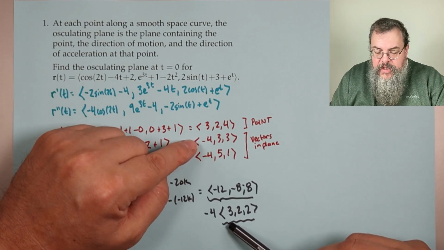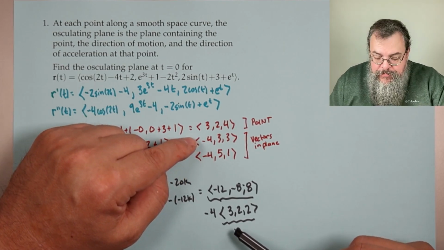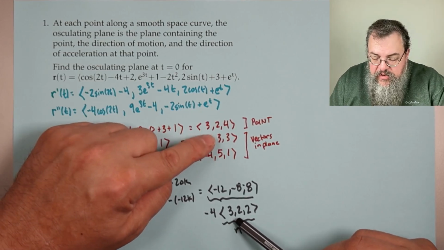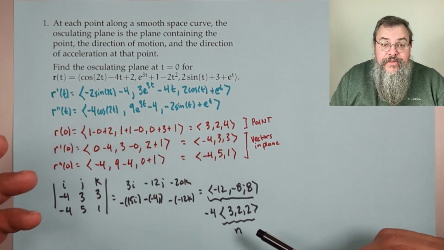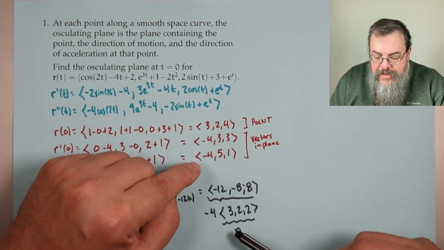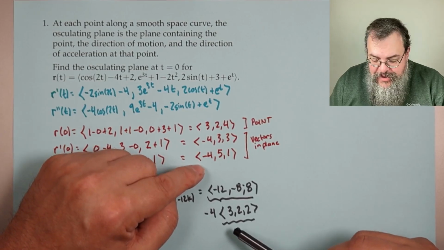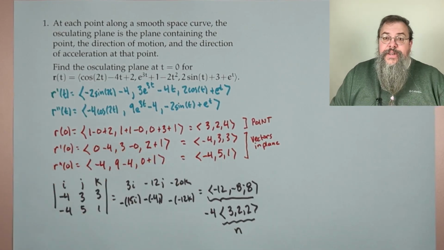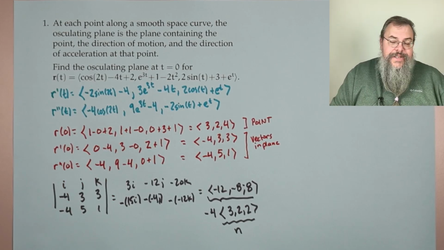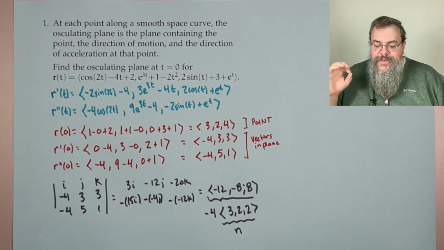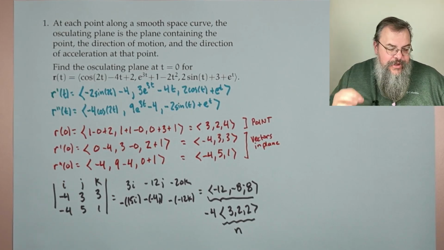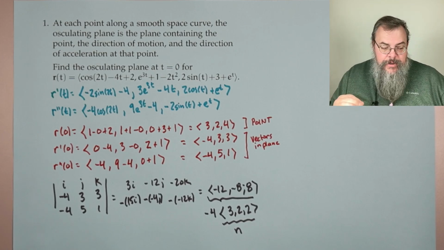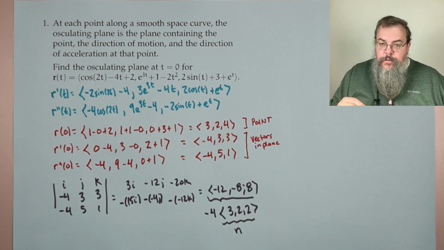We're checking perpendicular. Minus 12 plus 6 plus 6. 0. That's good. And then just for extra caution, minus 12 plus 10 plus 2. 0. Nice! So now we know for sure this is the vector that we want.